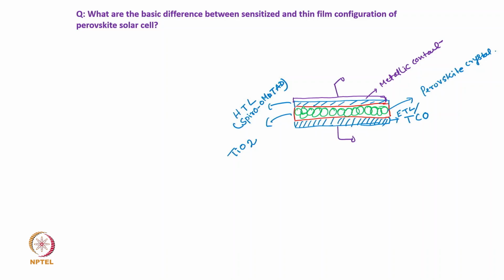So, this is the mesoscopic configuration of a perovskite solar cell, where the perovskite crystals are anchored in TiO2.